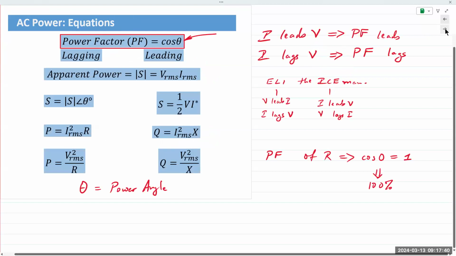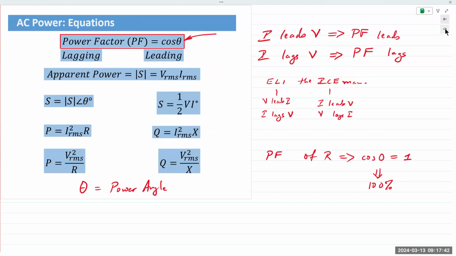Most utility companies will not supply electrical power to an industrial consumer if their power factor is below a certain point. And I'm just guessing here right now, maybe PG&E or any other utility company will not supply electricity to an industrial consumer if their power factor is below 90%.